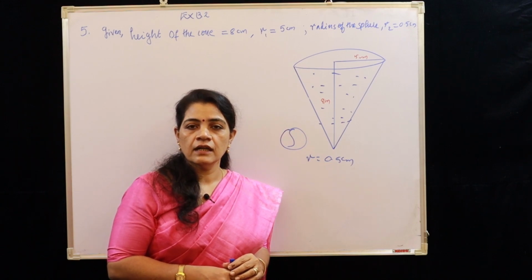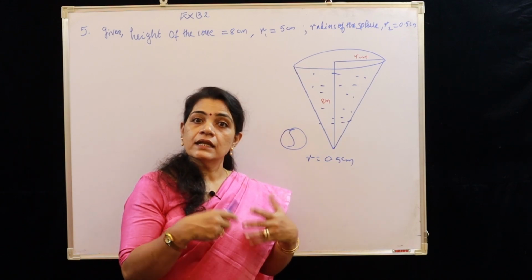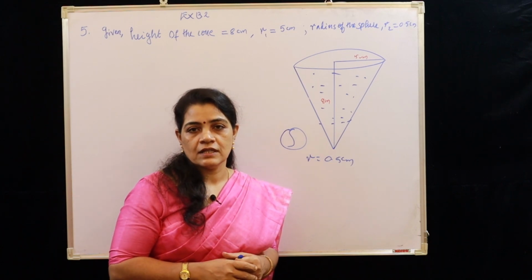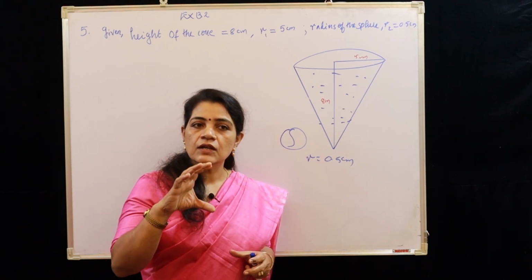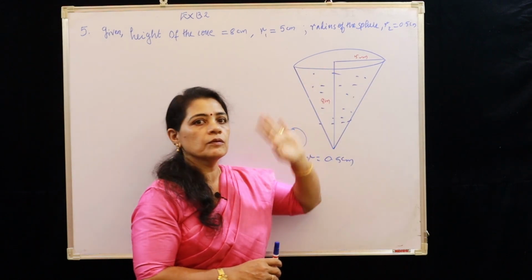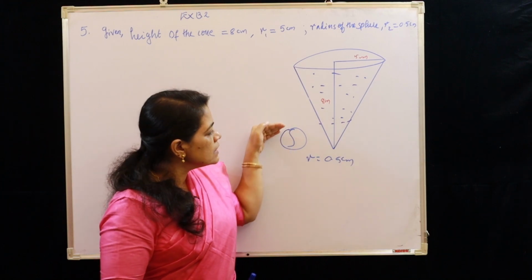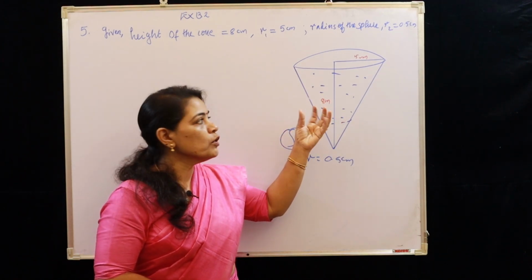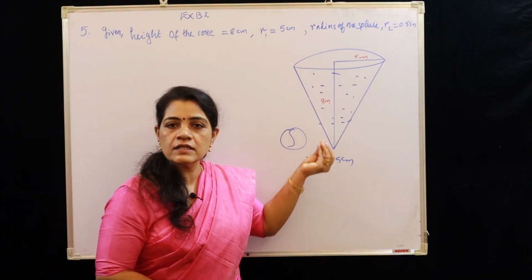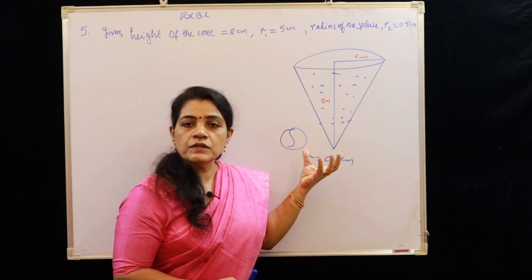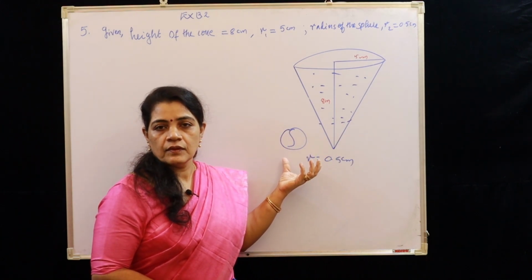Question is clear, children? Let n be the number of lead shots dropped into the vessel. Since the vessel is filled with water up to the brim, as we put the spherical lead shots into the vessel, they occupy space inside it. The space occupied by an object is its volume.